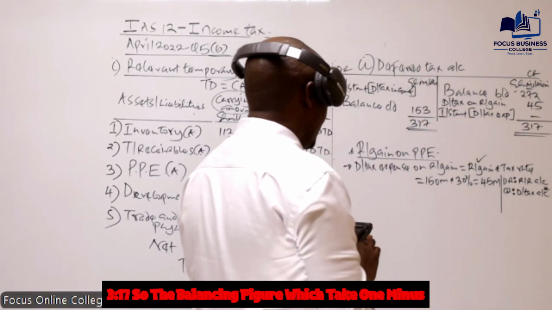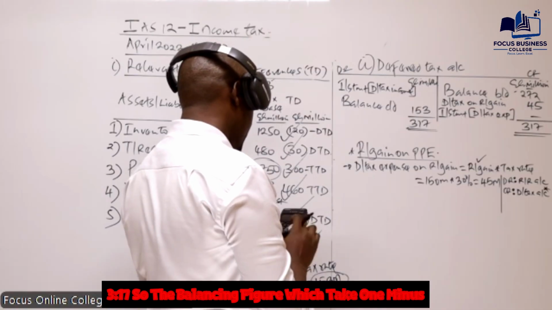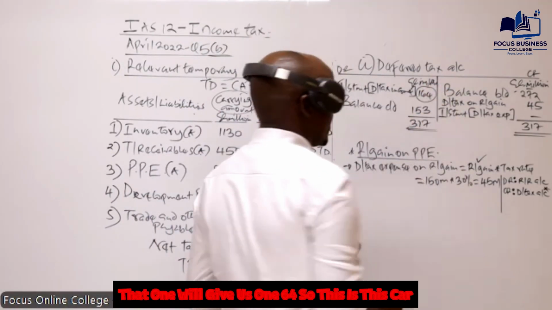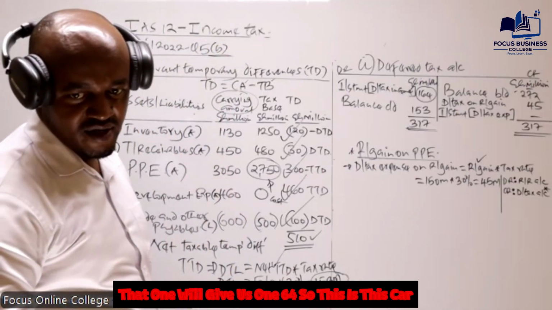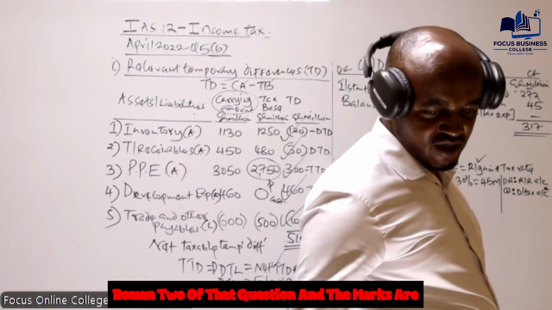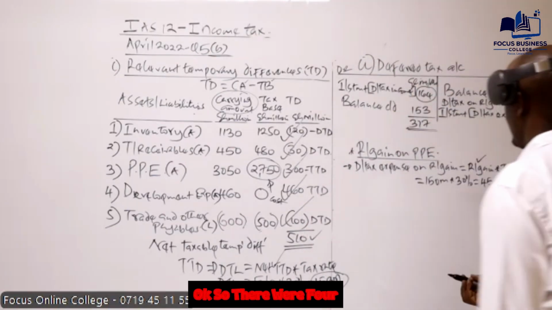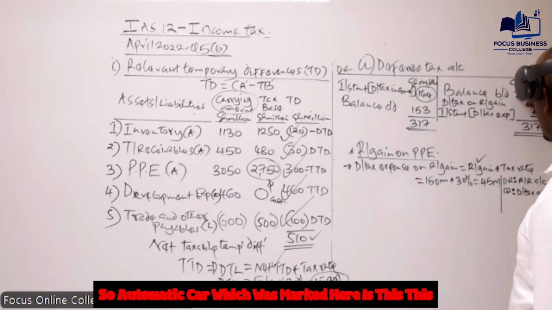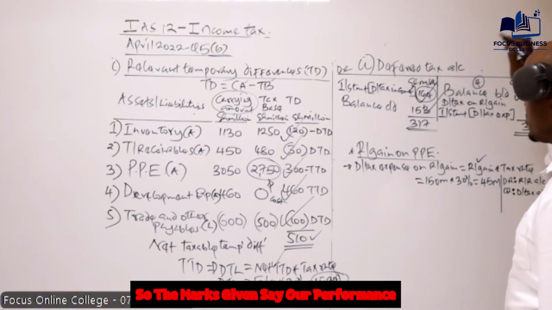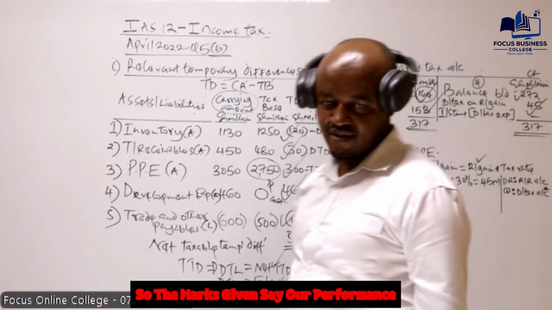The balancing figure, taking one minus the other, will give us 164. So this is basically what is required in Roman 2 of that question, and the marks allocated there were 4.